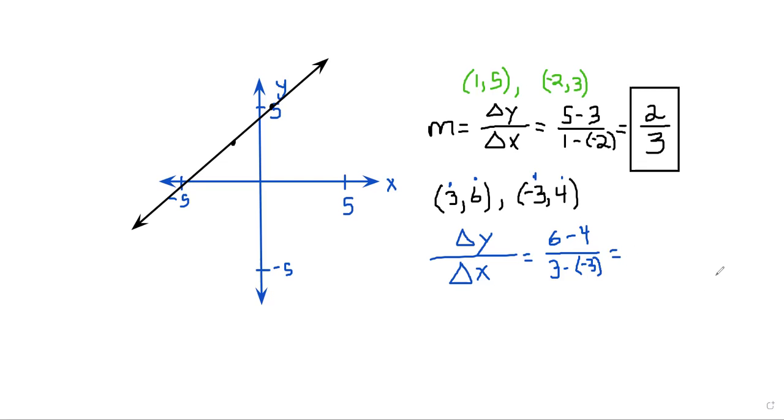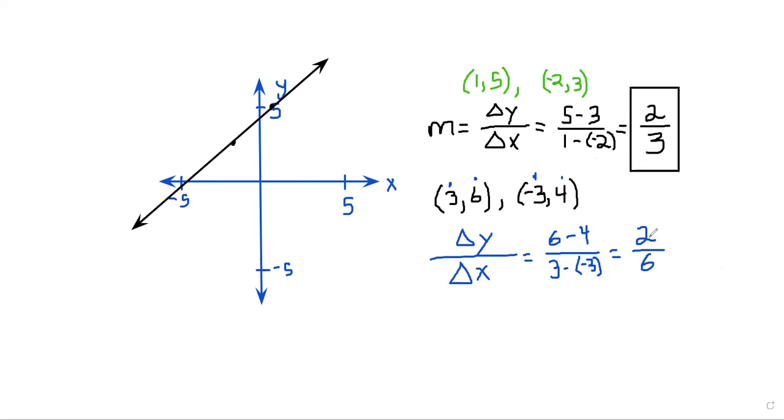So what's 6 minus 4? Well, that's 2, of course. And what's 3 minus a -3? Well, that's just like the one we had up here. When you subtract a negative, it's the same as adding a positive. Don't ask me how, only God and Einstein know how and why. So 3 plus a +3 is 6. Now this here is the correct answer, 2 over 6.